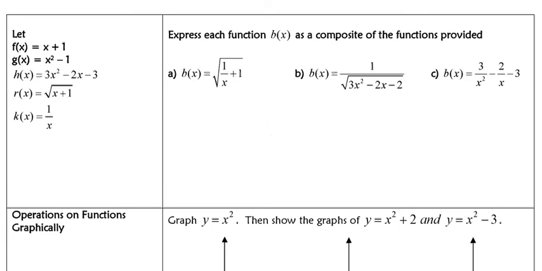So I don't really have a great trick for you here, other than looking through and seeing which of the functions over here on the left you recognize wrapped up inside of these functions. Like maybe you're looking at a, and you say, hey, I have 1 over x. That is k of x. So I'm going to know that k of x is going to be involved here.